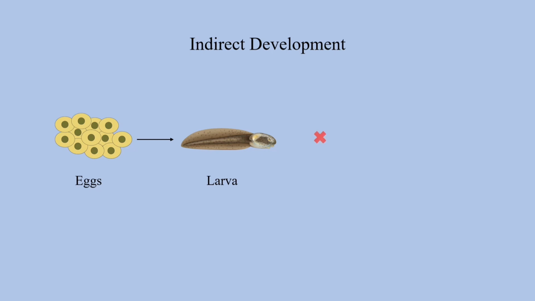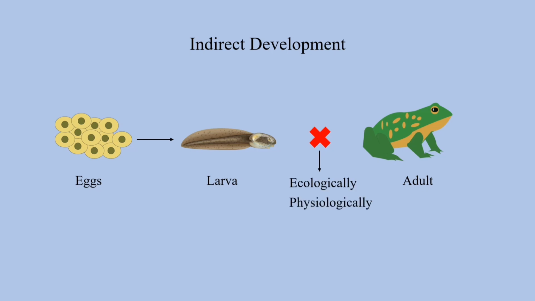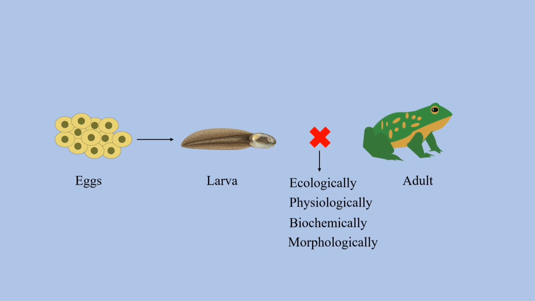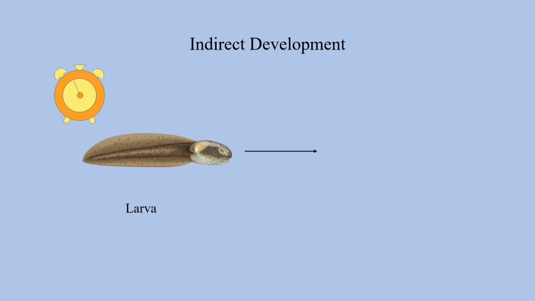Whereas in indirect development, the egg hatches into larva, which is different from the adult ecologically, physiologically, biochemically, and morphologically. After a short period, the larva is transformed into an adult.